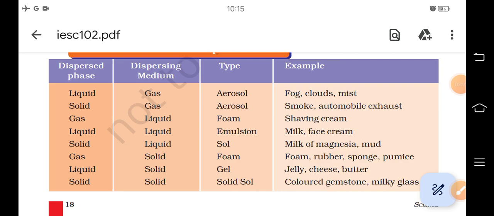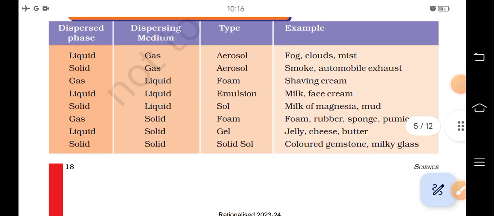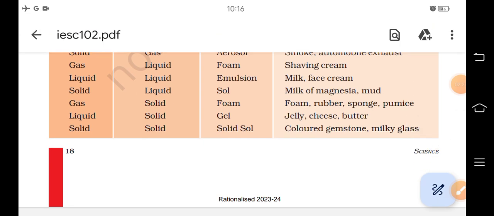Solid, liquid, sol: milk of magnesia, mud. Gas, solid, foam: rubber sponge, pumice. Liquid, solid, gel: jelly, cheese, butter. Solid, solid, solid sol: colored gemstone, milky glass.